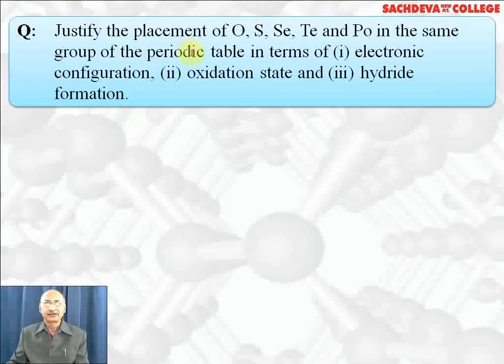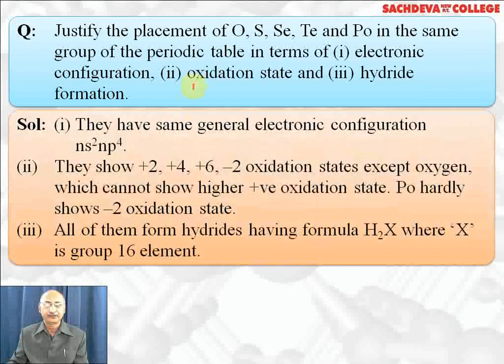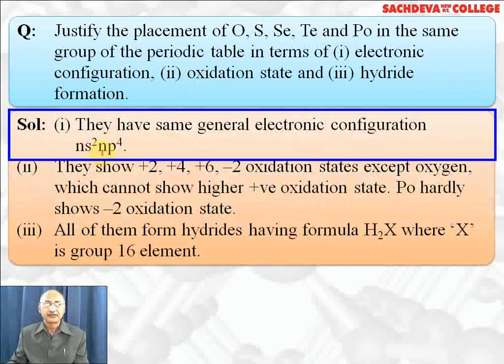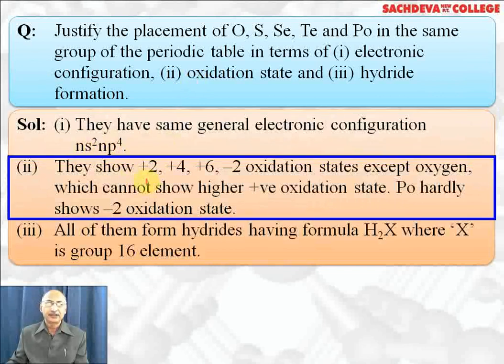Justify the placement of oxygen, sulfur, selenium, tellurium and polonium in the same group of the periodic table in terms of electronic configuration, oxidation state and hydride formation. They all have general electronic configuration ns2 np4, that is 6 valence electrons. They show plus 2, plus 4, plus 6 and minus 2 oxidation state, except oxygen, which cannot show higher positive oxidation states, especially plus 4 and plus 6.